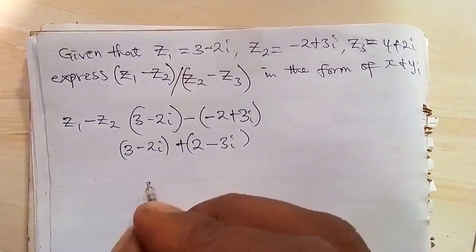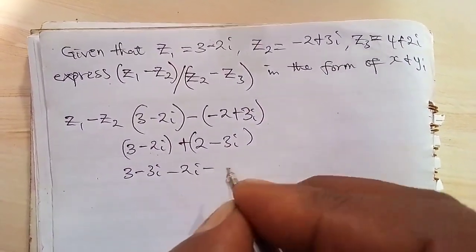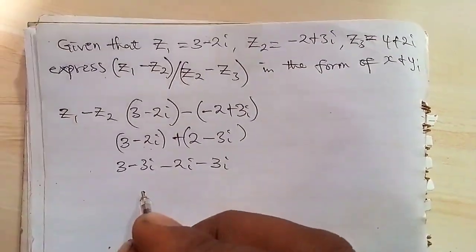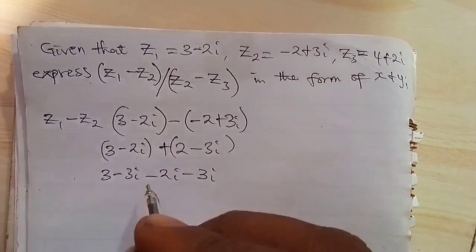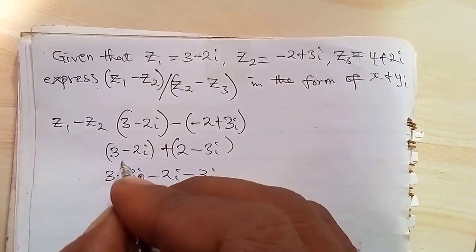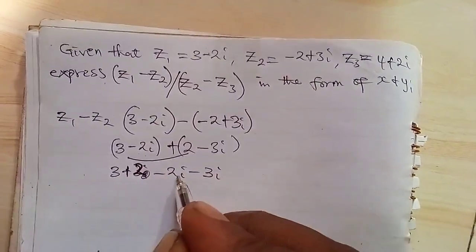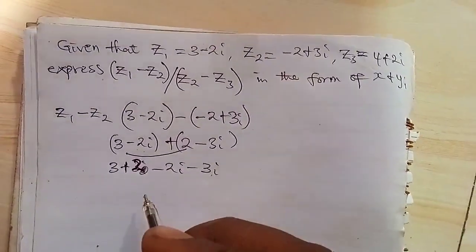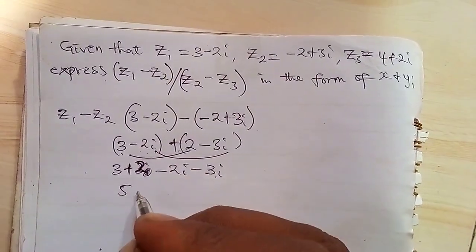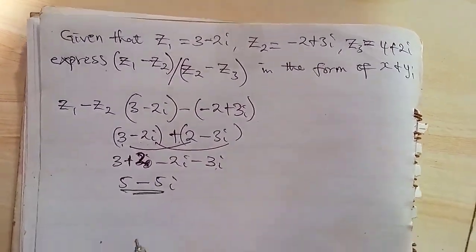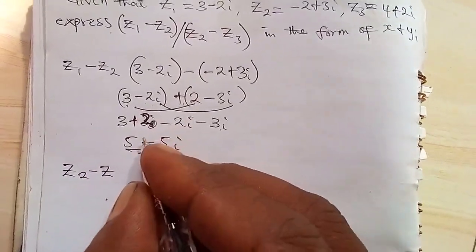If you collect like terms, 3 plus 2 gives 5, then minus 2i minus 3i gives minus 5i. That's that. Now we find z2 minus z3, and because of the signs you just need to be very careful.